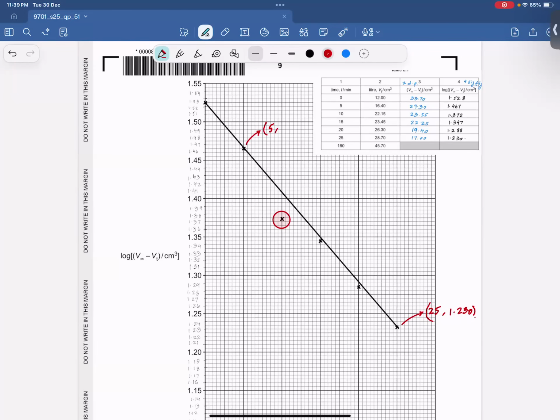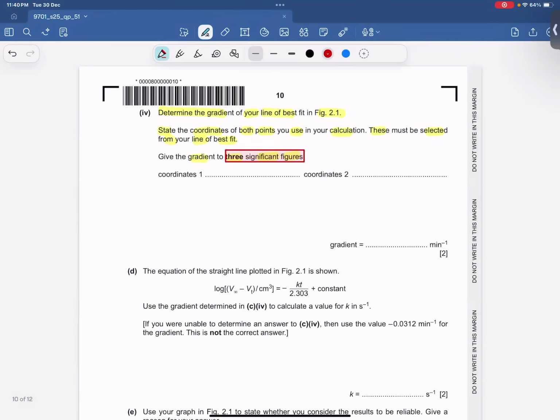And then 1.467. These are the two values. So 5, 1.467, and then 25, 1.230.